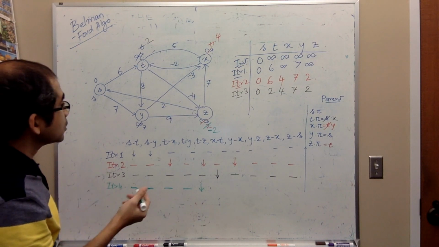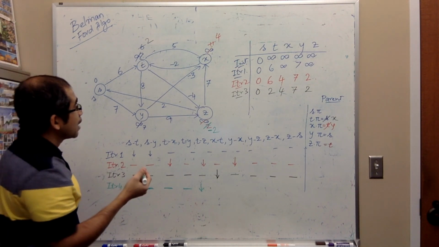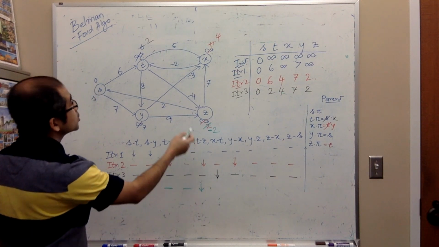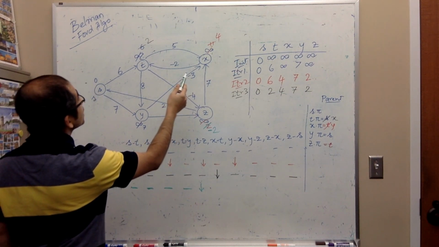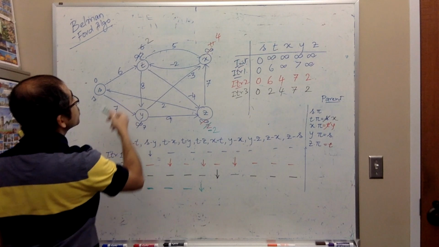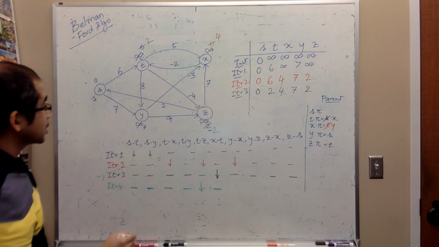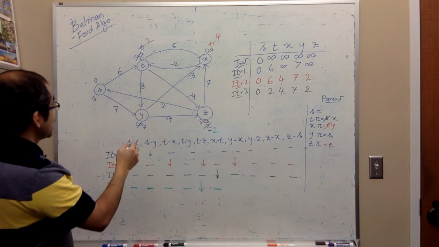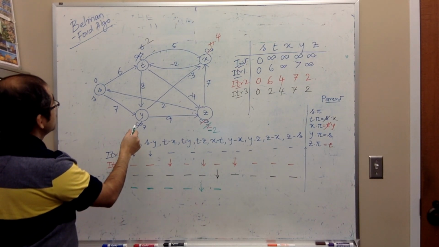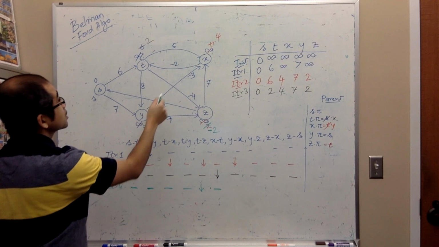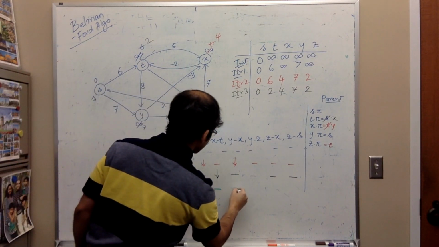So this is still T, and now from X to T, X is 4, X to T is 4 minus 2, 2 already there, nothing to do. Y to X is 7 minus 3, 4, that is already there, nothing to do.